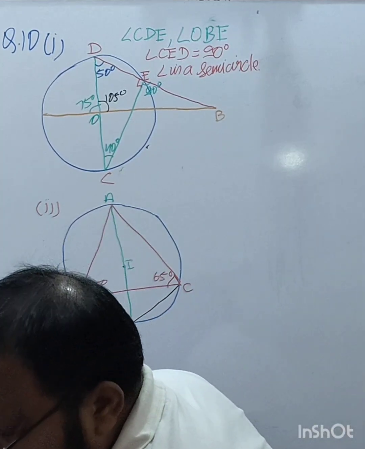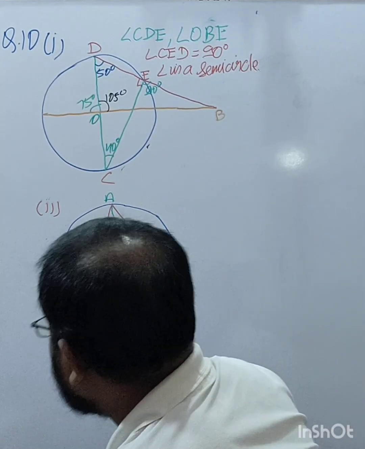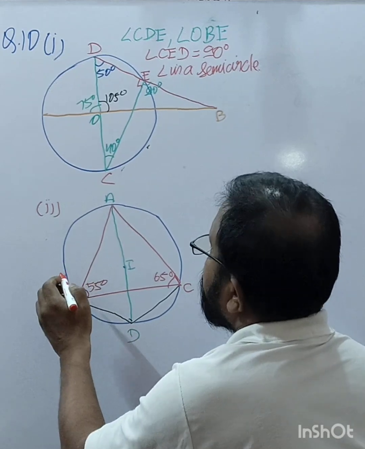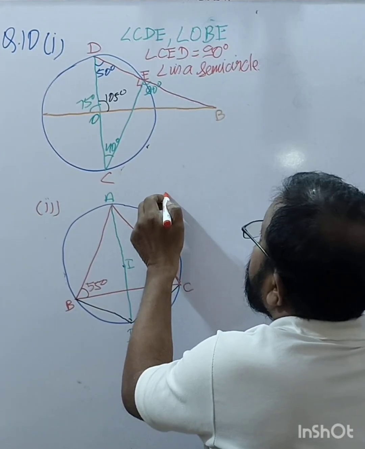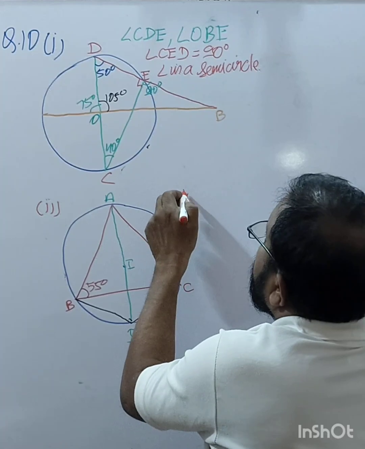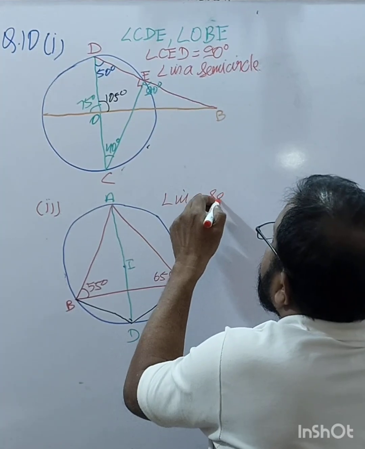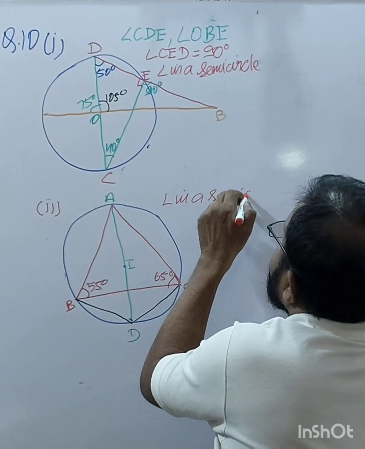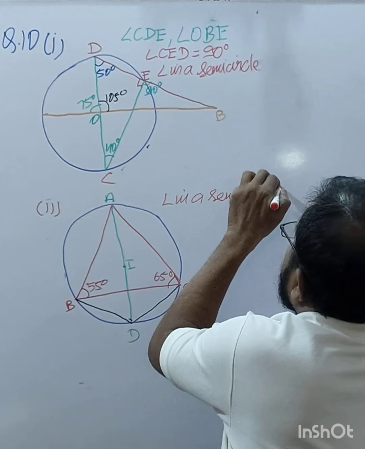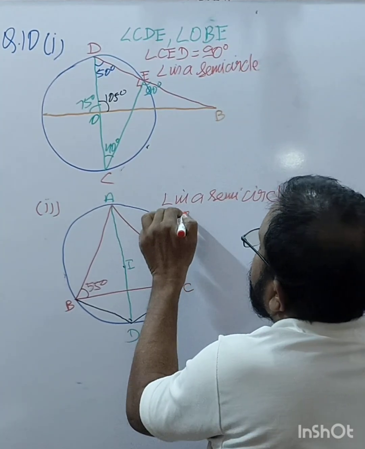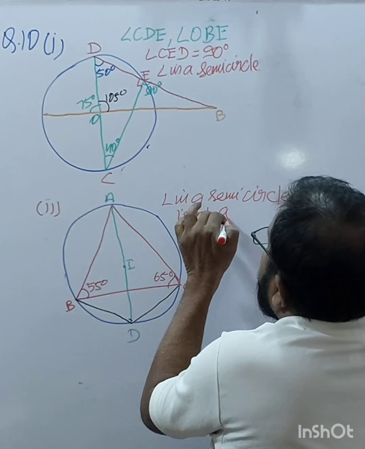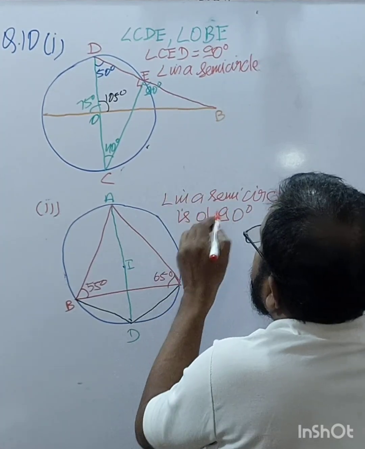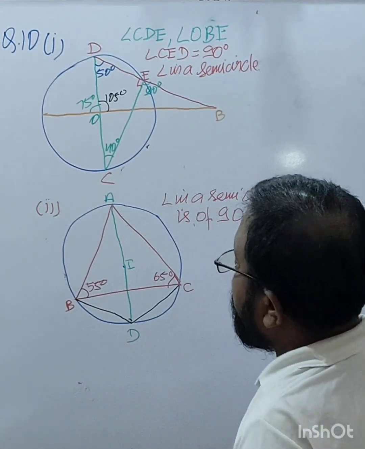So, angle in a semicircle is of 90 degree. Angle in a semicircle is of 90 degree.